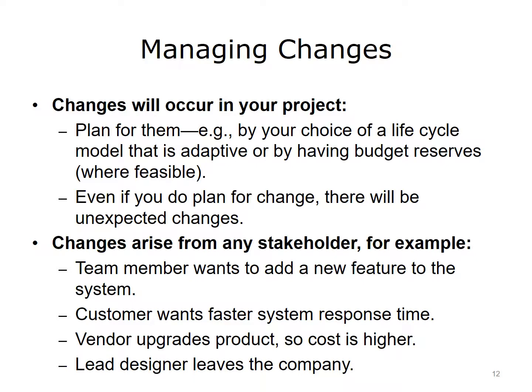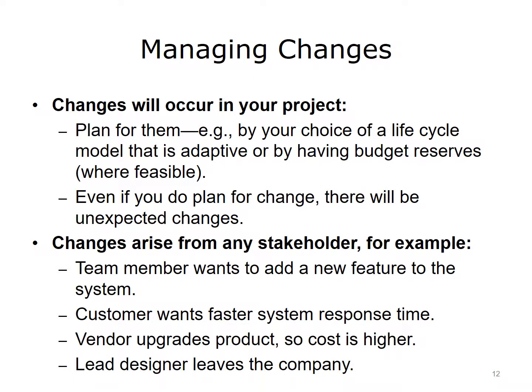Even with all of your monitoring and controlling work, your project will change without warning. Team members will leave, a customer wants a faster system response time, a vendor reprices a product. All of these unplanned occurrences will affect your project. So try to expect the unexpected by using an adaptive lifecycle model to plan your project.